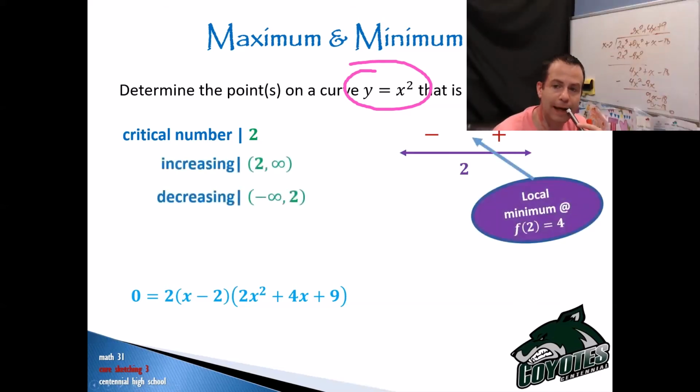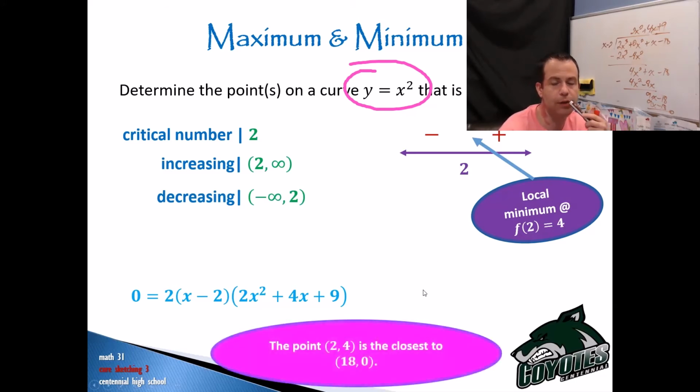I got a local min at 2, 4. Sorry, I said max, I just listened to myself. Local min at 2, 4. And so the point 2, 4 is the one that will be closest to 18, 0.